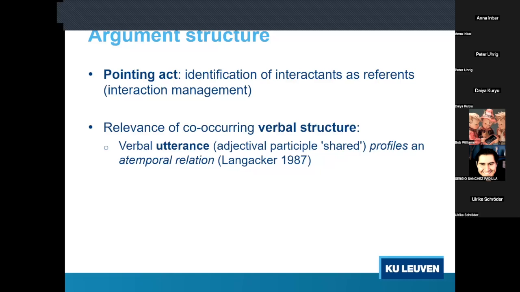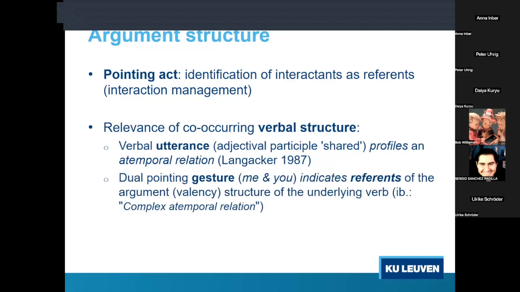So the verbal utterance shared profiles an atemporal relation in Langacker's term. Whereas the dual pointing gesture indicates reference to the structure of the underlying verb, which Langacker calls, and that's the technical term, a complex atemporal relation. That's not of interest here.